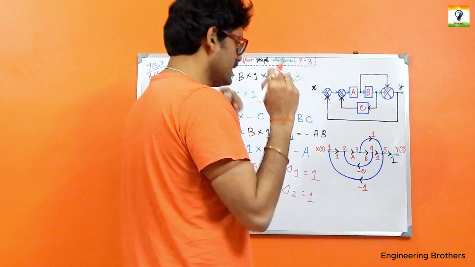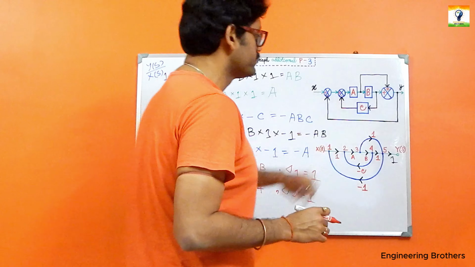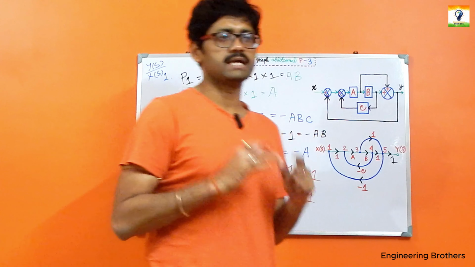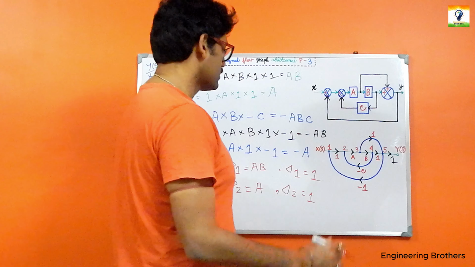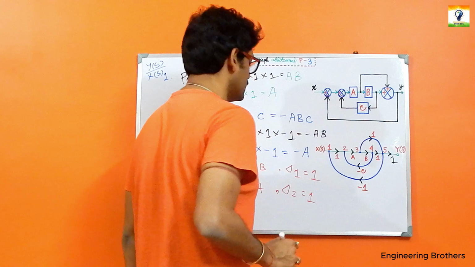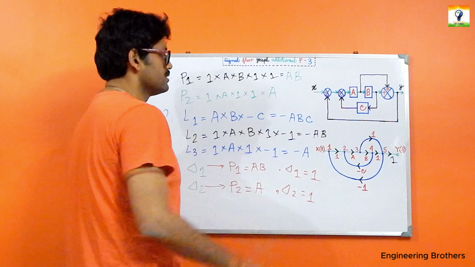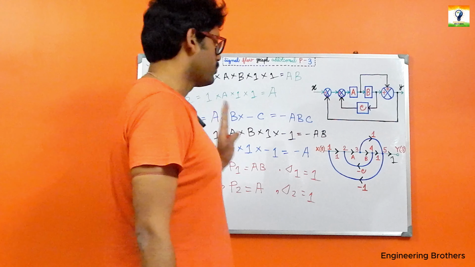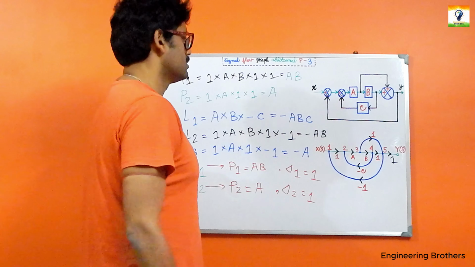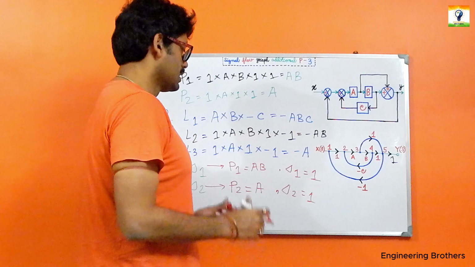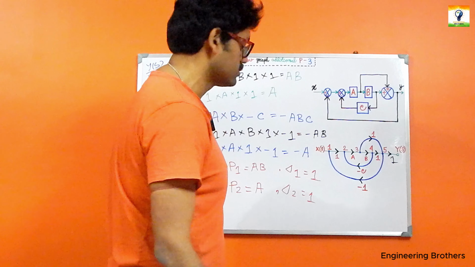If any loops are not directly touching the given forward path, then the expression for delta will be 1 minus that loop. In this consideration, all the loops are directly touched by the given forward paths, so the expressions for delta 1 and delta 2 will be 1.